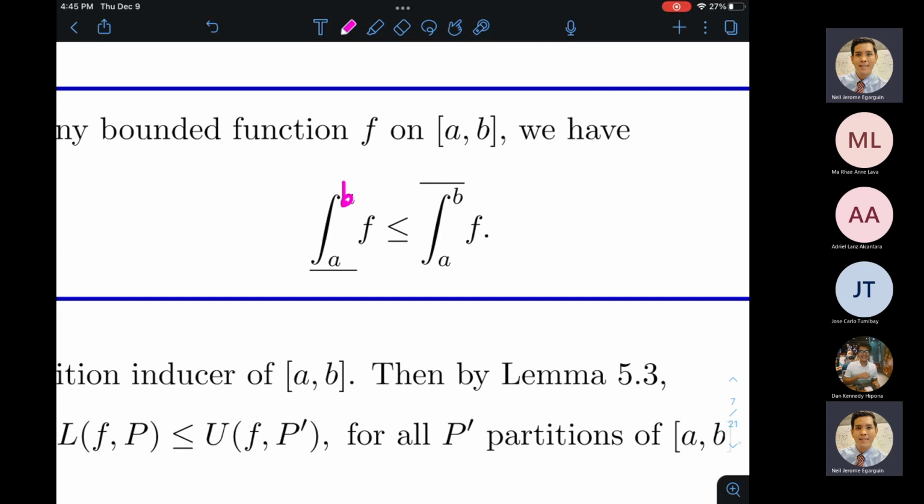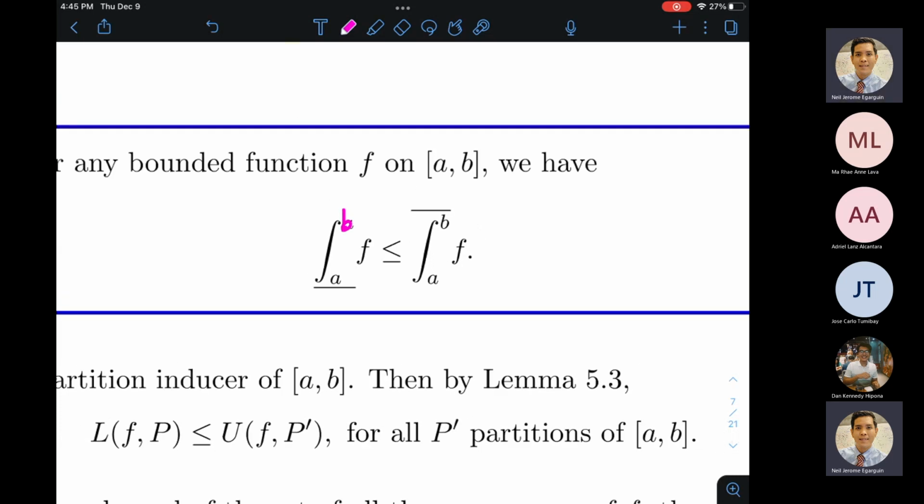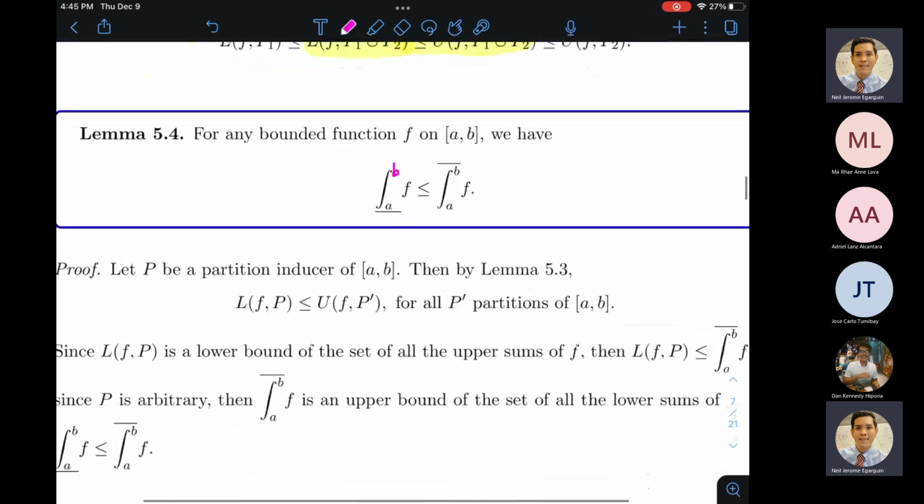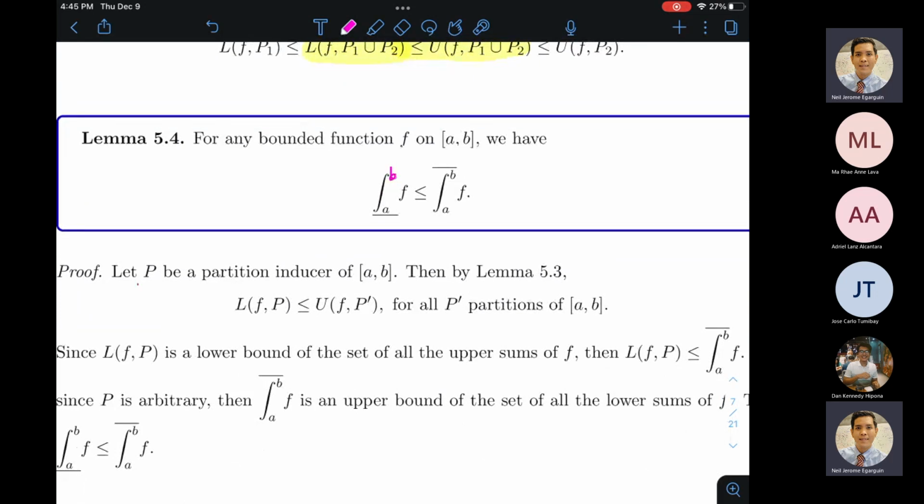Now, paano natin siya ipoprove? Gagamitin ko si lemma 5.3. Now, I will consider a partition inducer P, an arbitrary partition inducer of AB. All right? Tapos kukuha pa ako ng arbitrary partition inducers P prime.